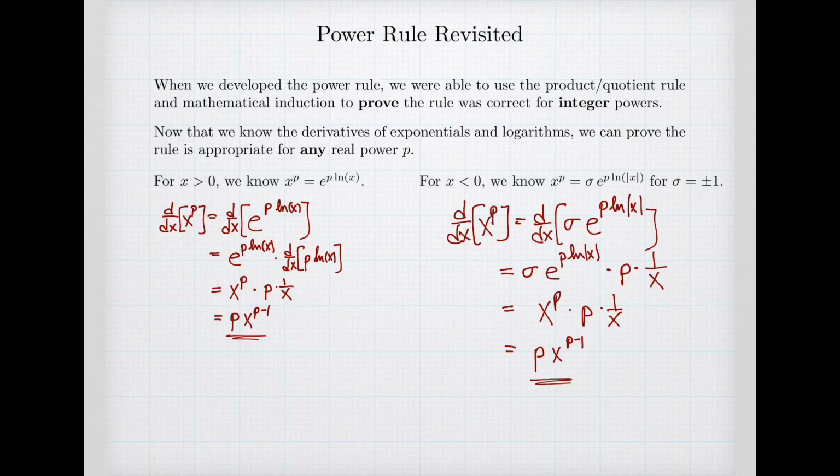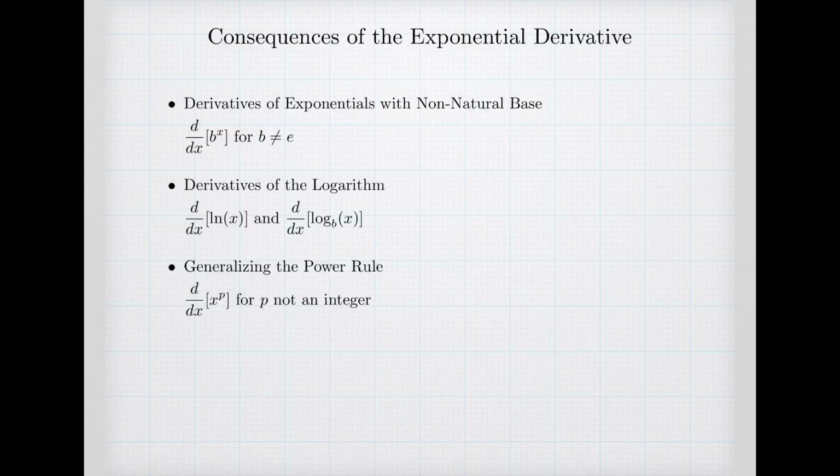So the simple argument when x is positive was fairly straightforward. When x was negative, we had to worry a little bit with absolute values, but either way, I get the power rule is valid. In summary, what have we found? We found that when I take a derivative of b to the x, I get the same function times the logarithm of the base.